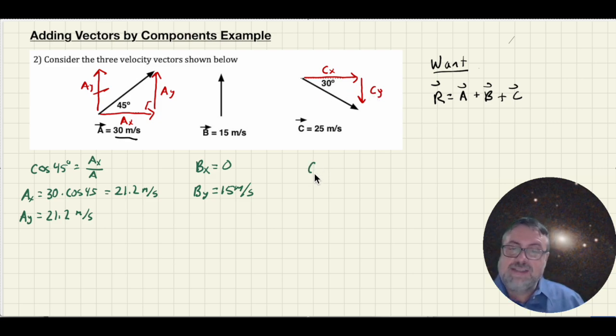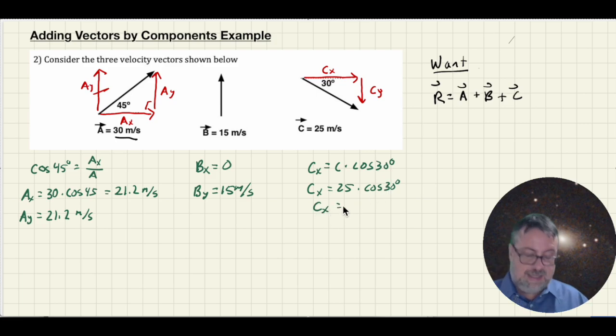I know that Cx is adjacent to the angle. That's going to be C times cosine of 30 degrees. So Cx is going to be equal to 25 times cosine of 30. So the x part of vector C is equal to, I take cosine of 30 degrees times 25, so this is going to be equal to 21.7 meters per second.